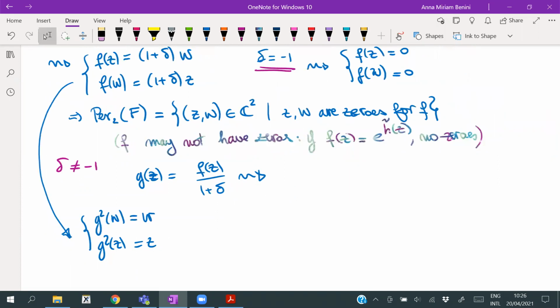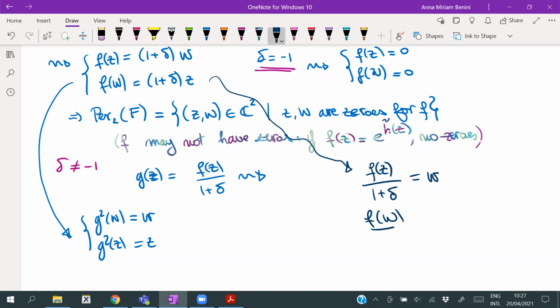So I just need to make the computation for my own peace of mind. This becomes f of z over 1 plus delta, which we need to be equal to w. And now I apply the other one, f of w over 1 plus delta is equal to z.